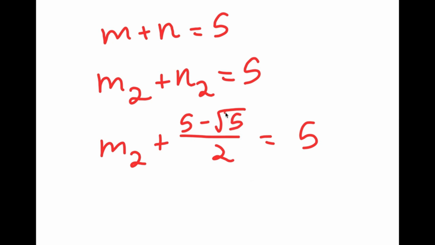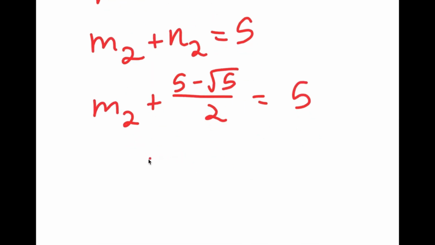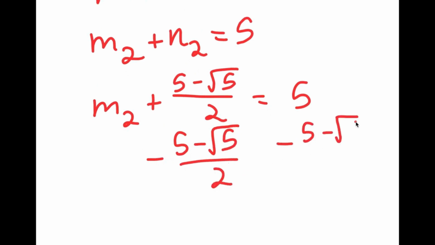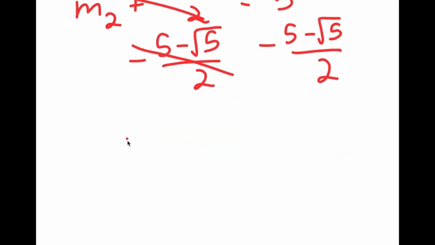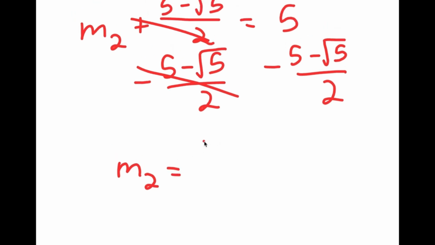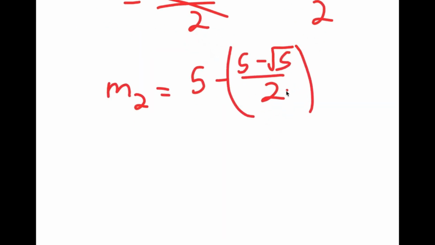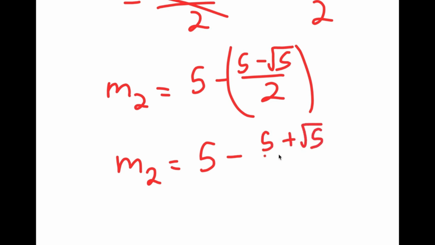Now to solve this, what I'm going to do is subtract (5 minus the square root of 5) over 2 on both sides. So then these two cancel out, and I get m of 2 is equal to 5 minus (the square root of 5 over 2)... and remember, this is in parentheses, so this is equal to 5 minus (5 plus the square root of 5) over 2.